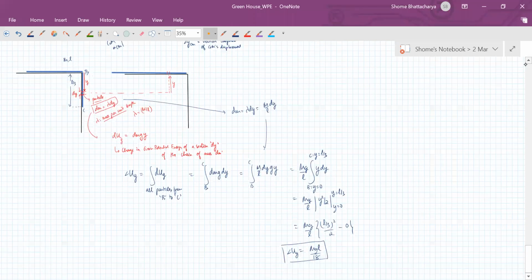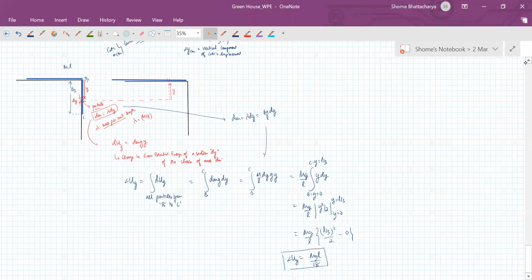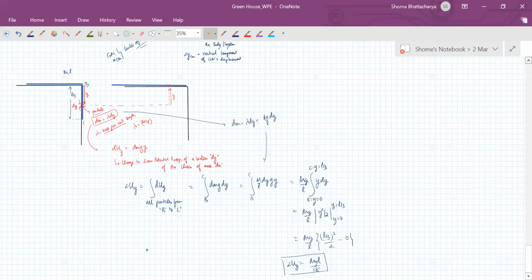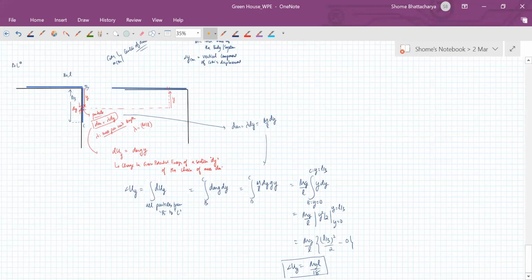But that's unnecessary because we have a uniform chain, so it's very easy to define the position of the center of mass. Okay, so this is the alternate method using integration.